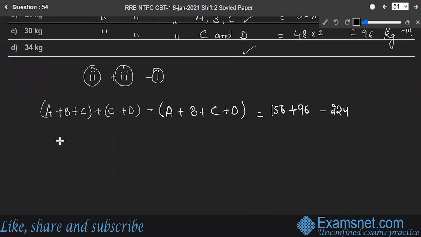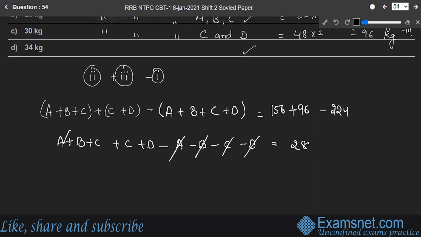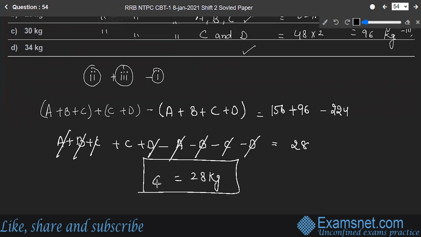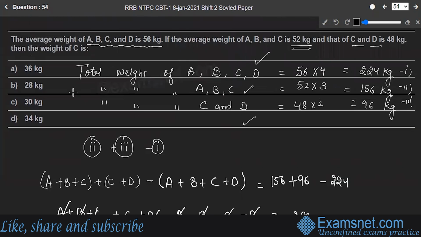When you open this, A plus B plus C plus C plus D minus A minus B minus C minus D is equal to, this solving will give you 28. So A, B, C, D will cancel with A, B, C, D. You will be left with C is equal to 28 kg. So this is the answer, option B.